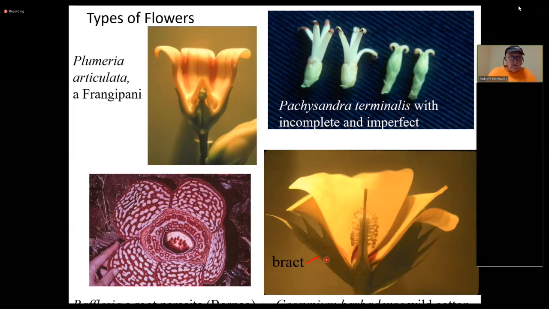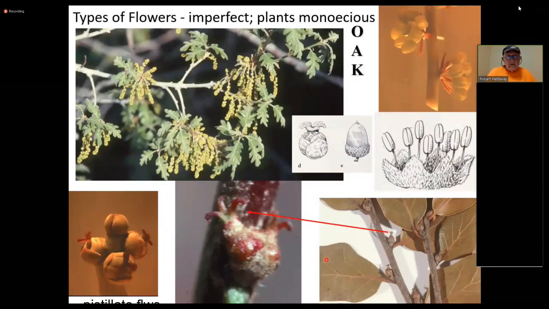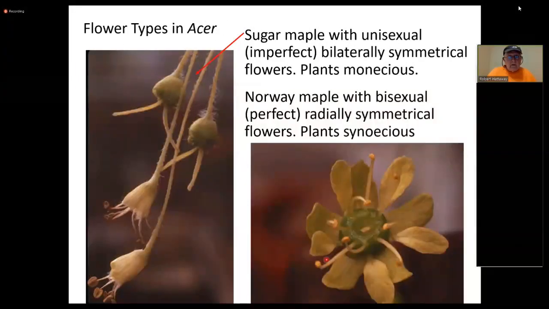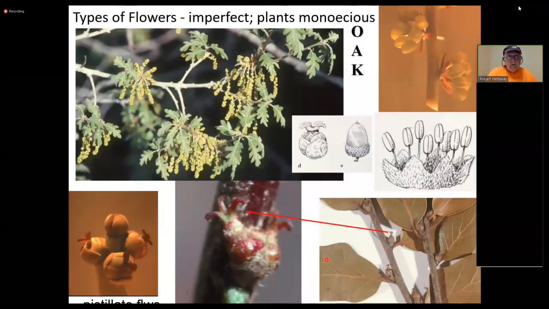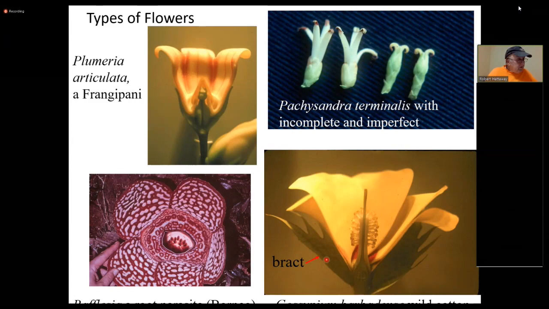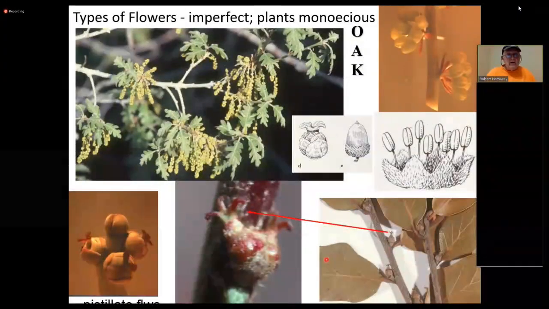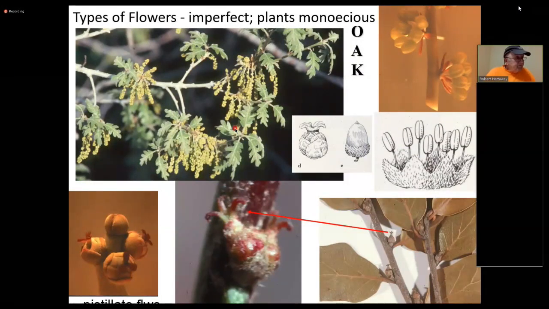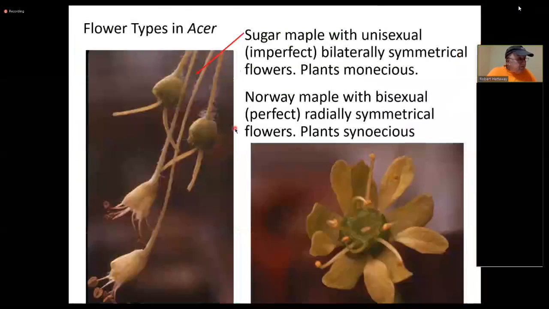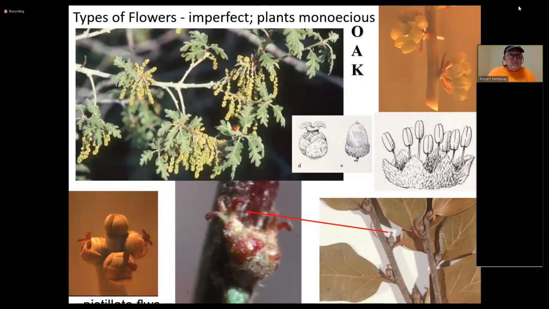It may be colorful and it may not be; in this case, it's not. Okay, I guess it's on an upcoming slide. We'll revisit the concept then. But right now, these are the different types of flowers.